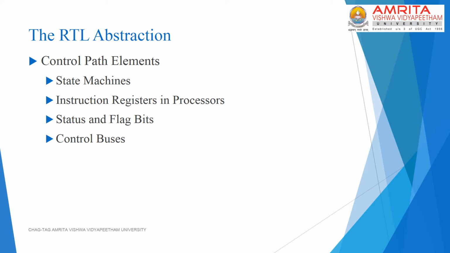For instance, if there is an overflow during an addition process, this is not detected by the data path elements. The data path elements simply manipulate whatever data is stored in the registers. But the nature of the outcome in the form of either the generation of a carry or an overflow is eventually determined by the status and flag bits, which are read by the control path elements such as state machines.